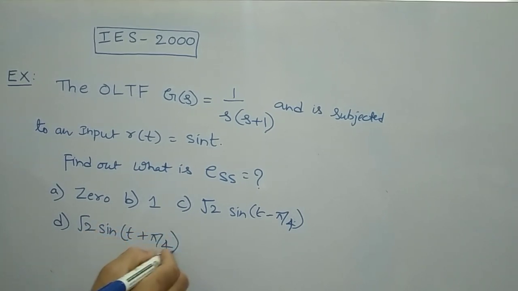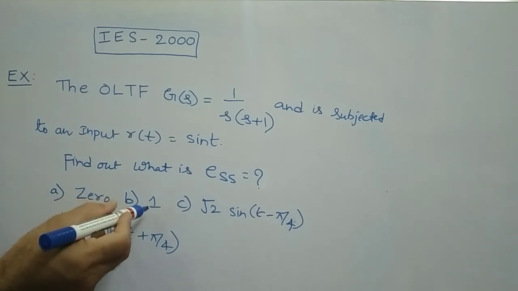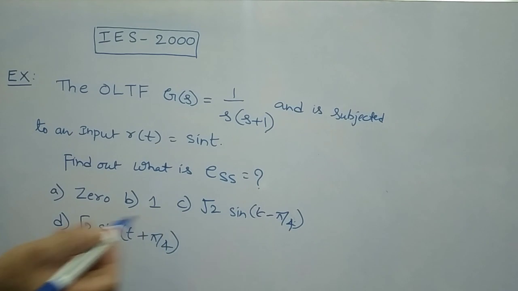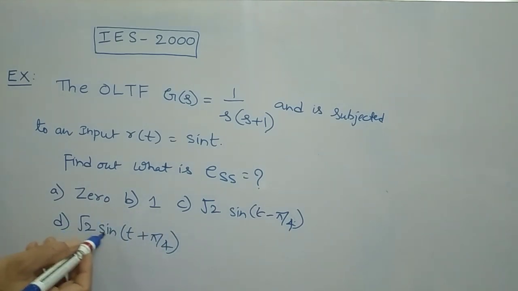So A is 0, B is 1, C is root 2 times sine t minus pi by 4, and the last option is root 2 into sine of t plus pi by 4.